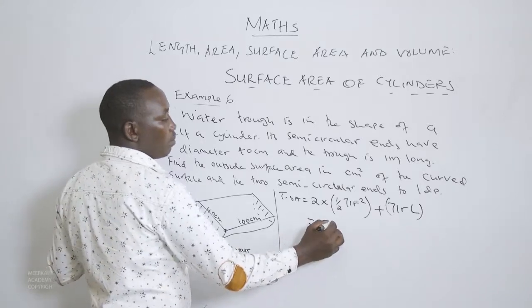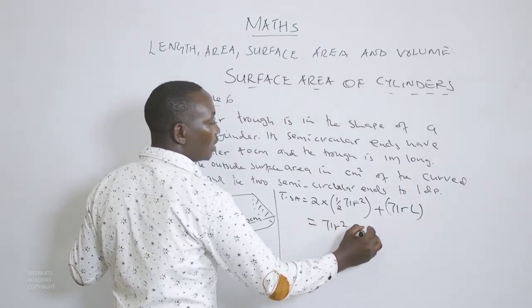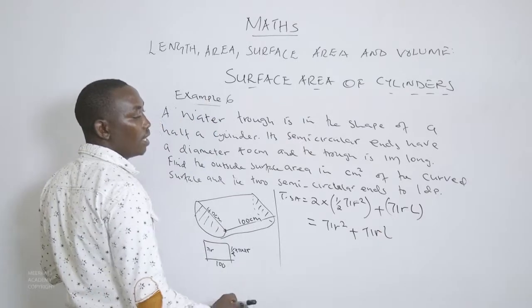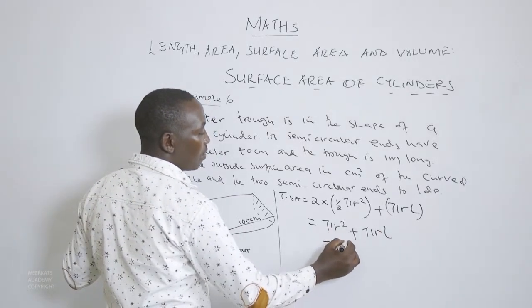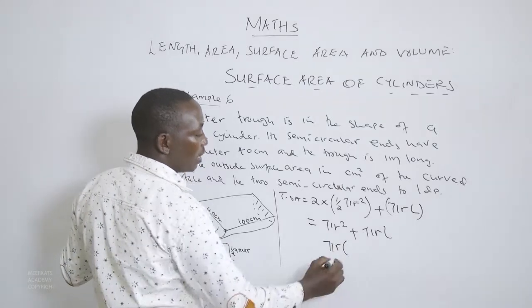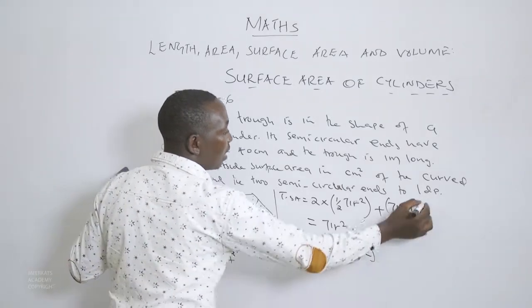This gives us pi r squared plus pi r l. Because pi r is common, we can factor it out, giving pi r into r plus l.